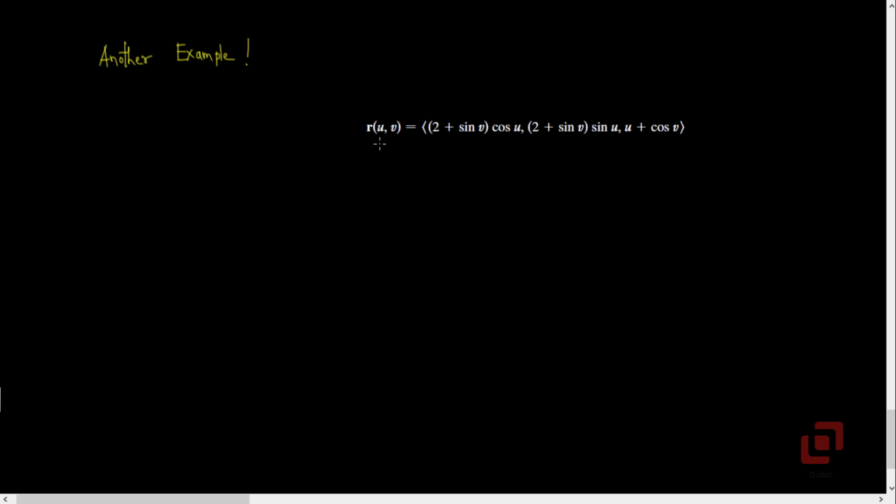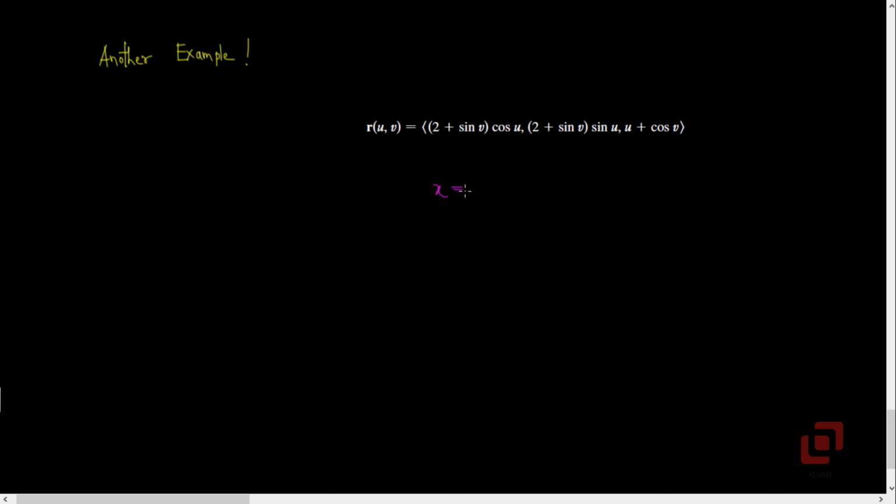We define the surface parametrically as r bar equal to (2 plus sin v) cos u i cap plus (2 plus sin v) sin u j cap plus (u plus cos v) k cap.